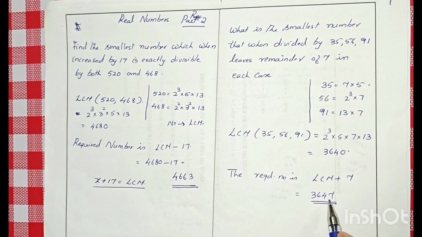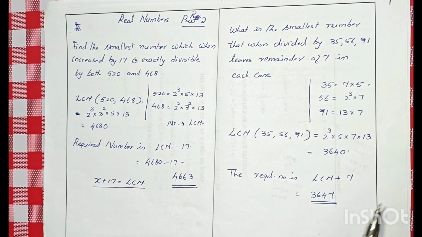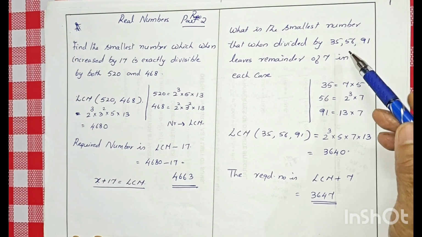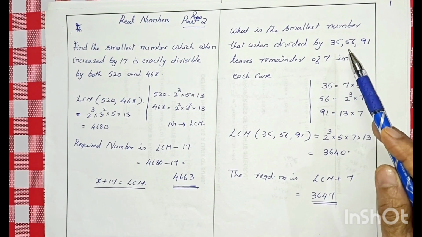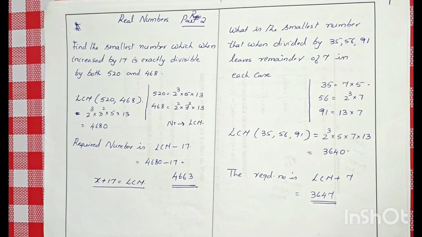When you divide 3647 by 35, you will get 7 as a remainder. Similarly for all the numbers. Because 3640 is completely divisible, but you need a remainder, you should add that number to the LCM.